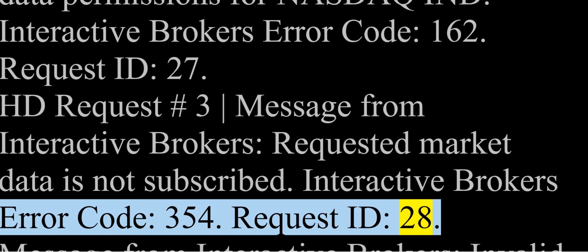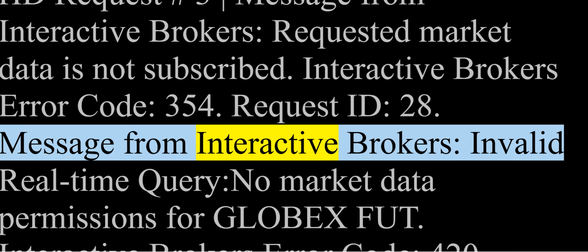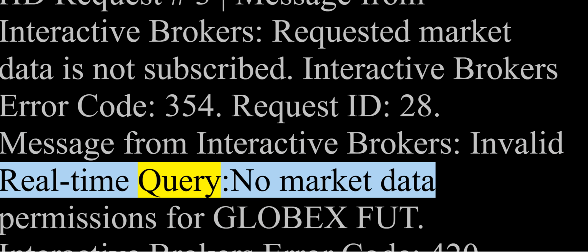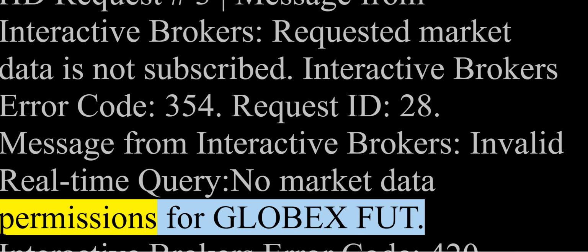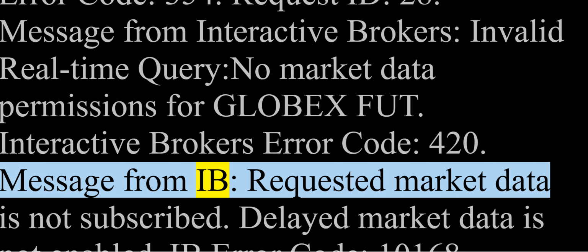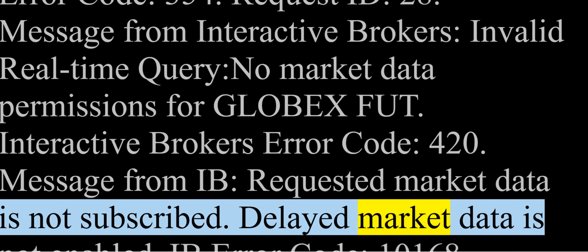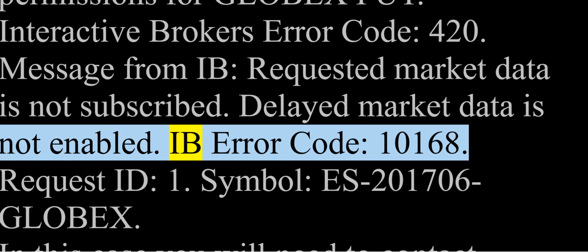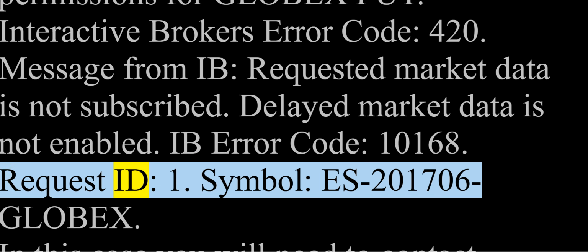Request ID 28. Message from Interactive Brokers: Invalid real-time query. No market data permissions for Globex FUT. Error Code 420. Message from IB: Requested market data is not subscribed. Delayed market data is not enabled. IB Error Code 10168. Request ID 1.